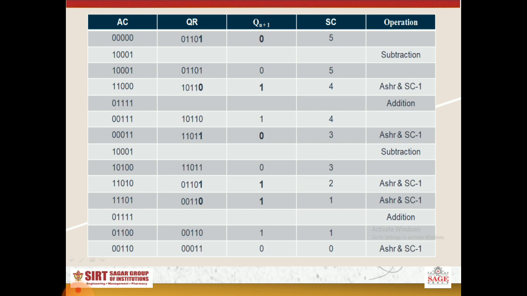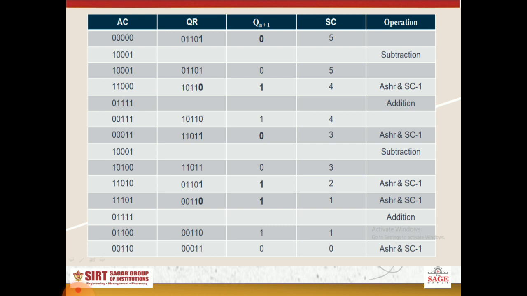After adding we got the value 01100, the QR value is 00110 and SC is 1. Now perform the arithmetic shift right operation and SC is decremented by 1.